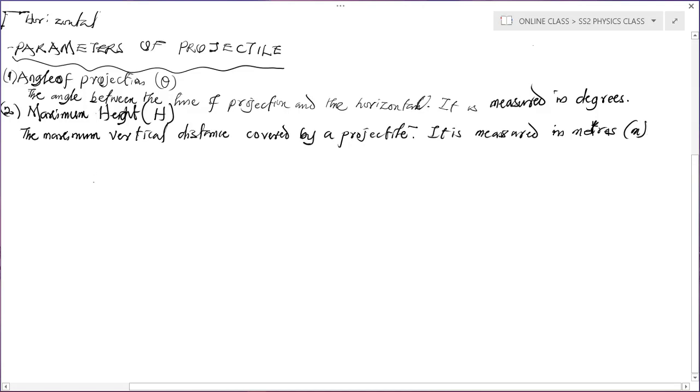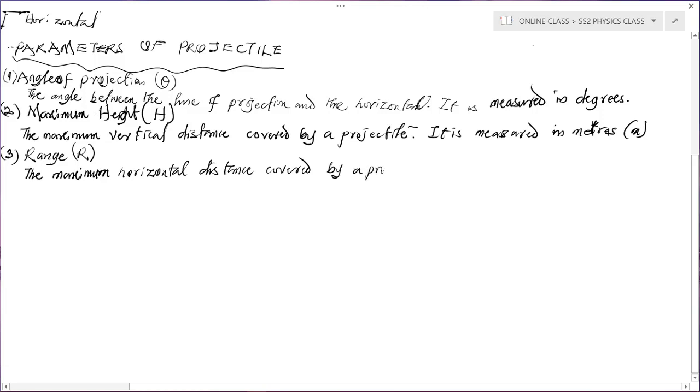Number 3 of the parameters is what we call range. Range, that is capital letter R, can be defined as the maximum horizontal distance covered by a projectile.